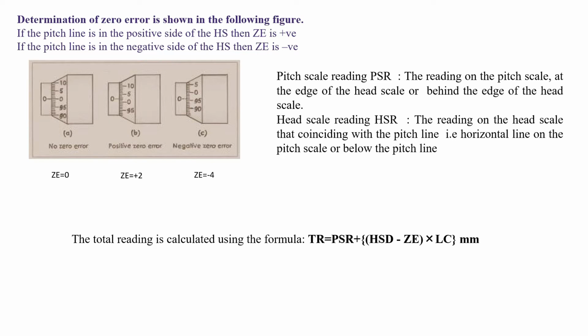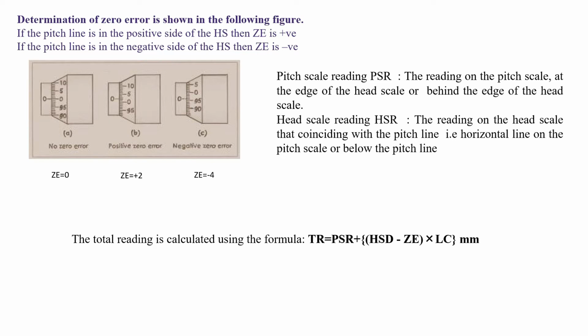This is a very rare case, shown in the figure labeled A. Now coming to B and C. In figure B, the zero of the head doesn't coincide with the zero of the pitch, but the second division is coinciding. If the pitch line is on the positive side of the head scale, then the error is positive. So the error in case B is +2.